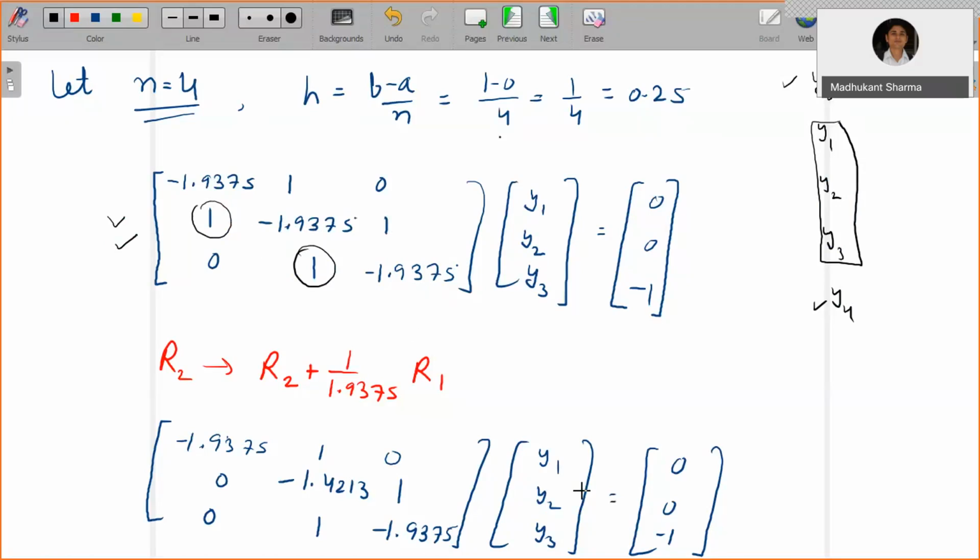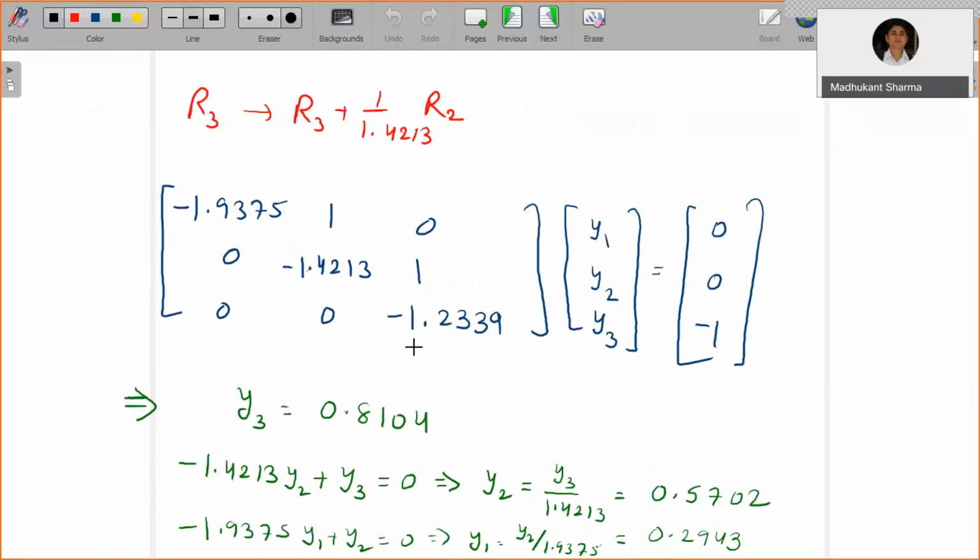We first use the operation R2 changed to R2 plus 1 by 1.9375 R1, so the multiplier is 1 upon 1.9375. For the next step, the multiplier is 1 upon 1.42134. This transforms into an upper triangular system, which can be solved by the backward substitution method, and you get the approximate solution.